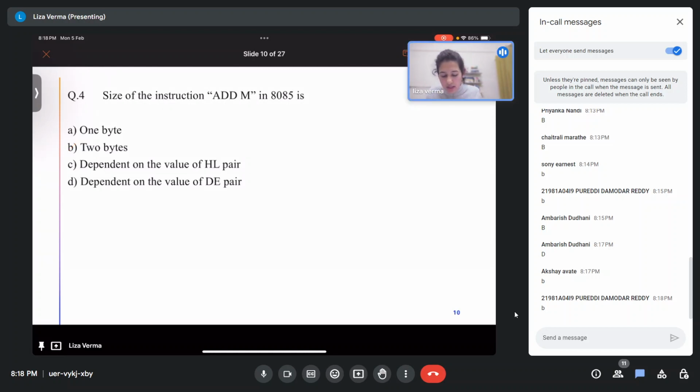Next question. Size of instruction ADD M. Even if you don't speak, you can write it in chat. Is it B, 2 bytes, or does it depend on the value of the HL pair?